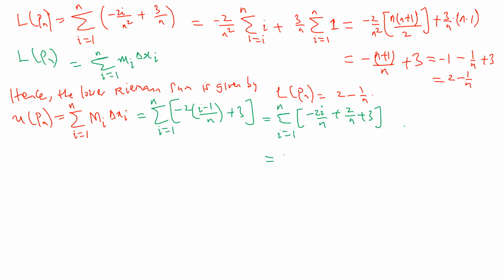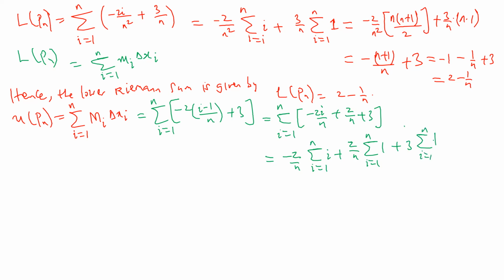So here, we can see that minus 2 over n is a constant, this one. We have this one, plus 2 over n with this one, plus now the 3 is also a constant, so you can take it out outside the summation.